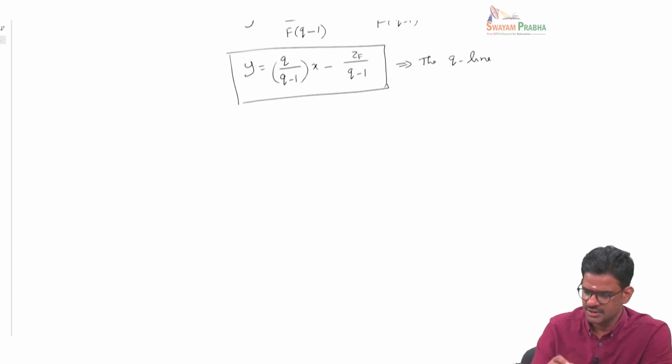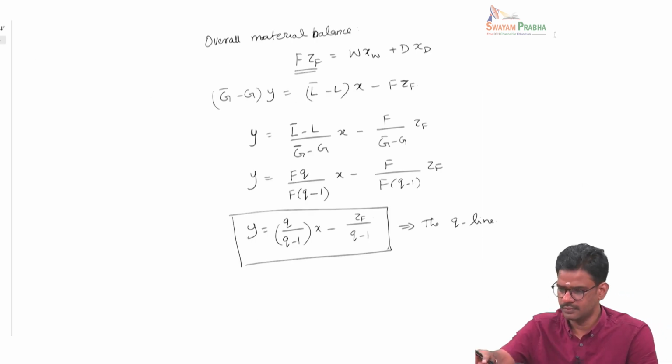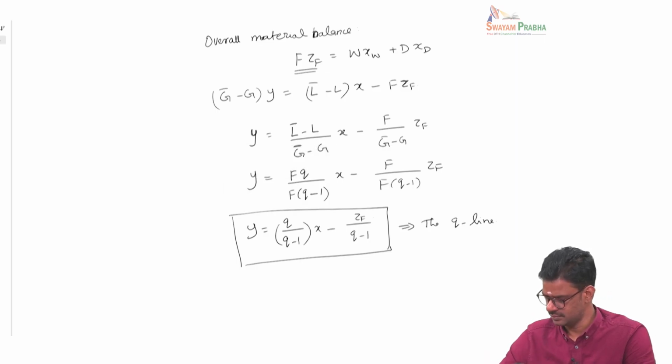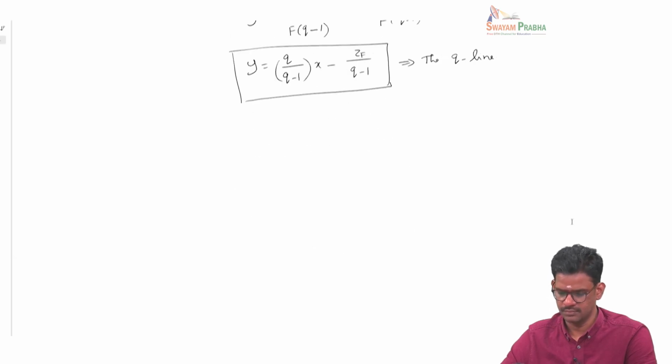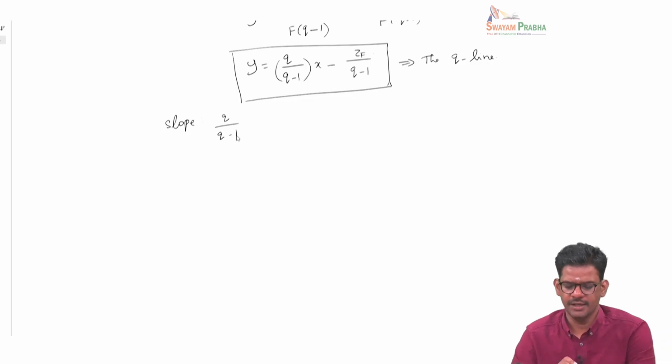So this is a q line, and it has a slope of q by (q minus 1), and q is something that can be obtained based on the enthalpy calculation, like I mentioned before.